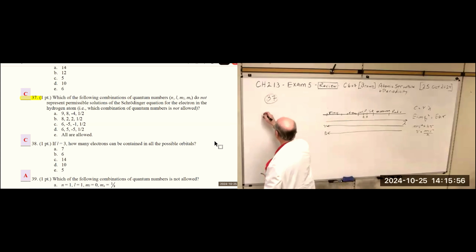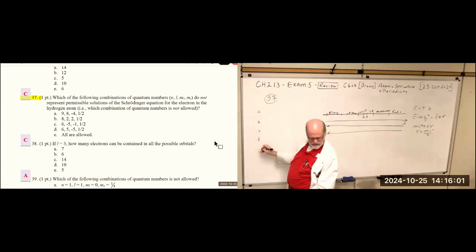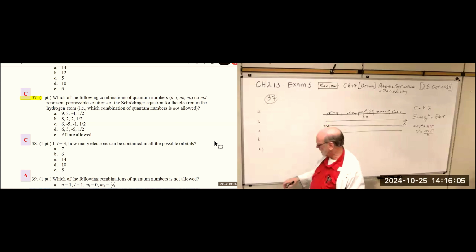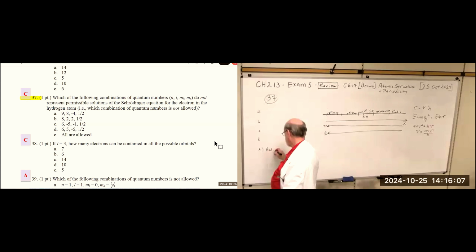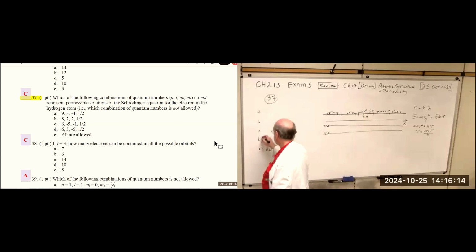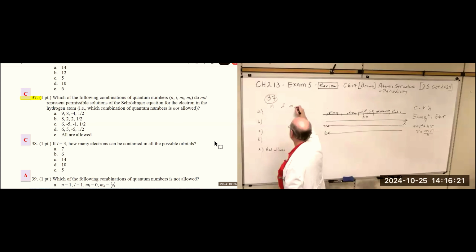So if we look at A, B, C, D, and E, E says all are allowed, which means if we find one that's not allowed, then E has to be false too. So n, L, M sub L, and M sub S.